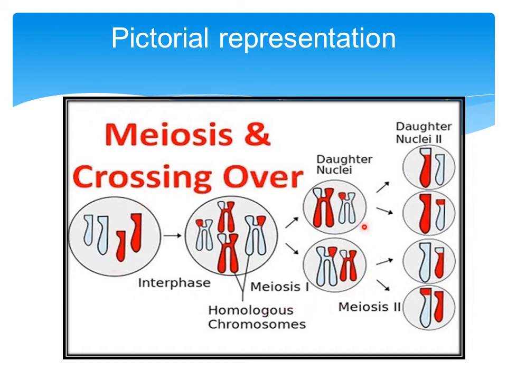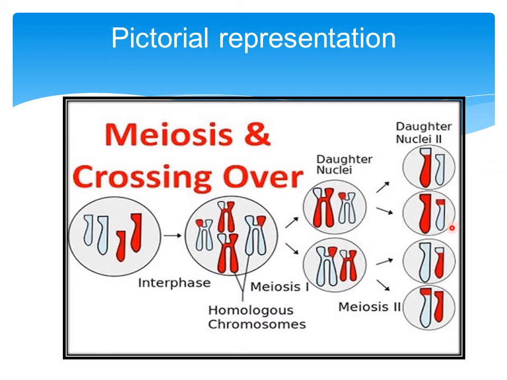So what will happen after these two daughter cells are formed? Then comes meiosis 2, which is actually similar to mitosis. The same things happen, and during this stage the two chromatids of each chromosome separate and move towards the poles, the nuclear membrane reappears and four cells are formed. So this is daughter nucleus 1 and this is daughter nucleus 2, and again daughter cells are formed.